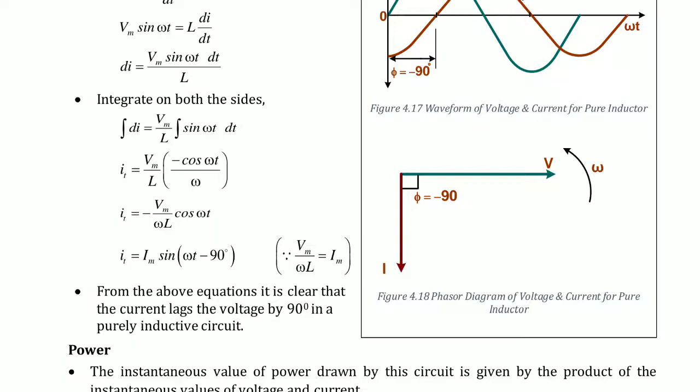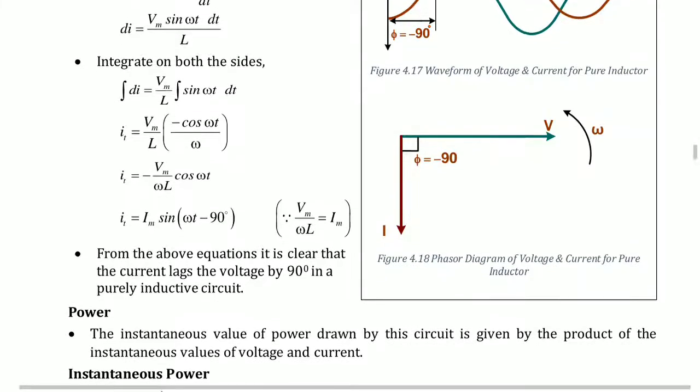Here the current is on the y-axis but lagging by minus 90 degrees, so it is shown downward. The x-axis is the voltage, and the y-axis at minus 90 degrees is the downward current.